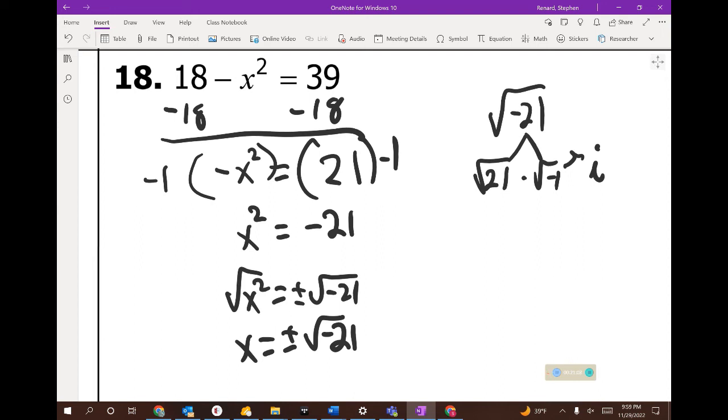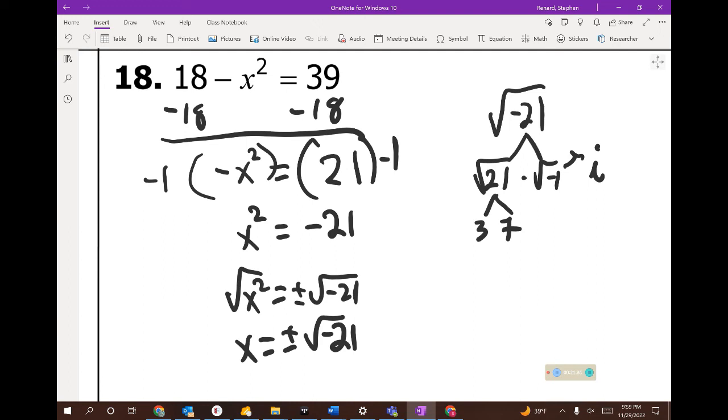21, is that a prime number? No, it is not. Is it divisible by 2? No, it is not. Is it divisible by 3? Yes, it is. Is 7 a prime number? Sure is. So with 21, there's nothing we can actually pull out.